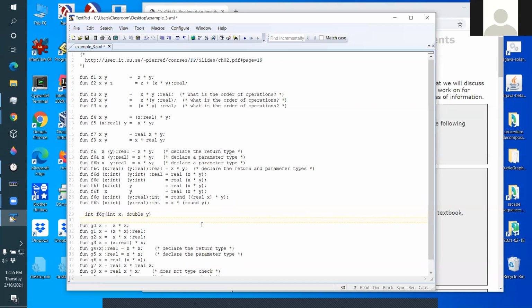So that's the signature in Java that agrees with this signature. Return type goes before the function name. Here, the return type is weirdly put after the last parameter. The input types come after a colon.